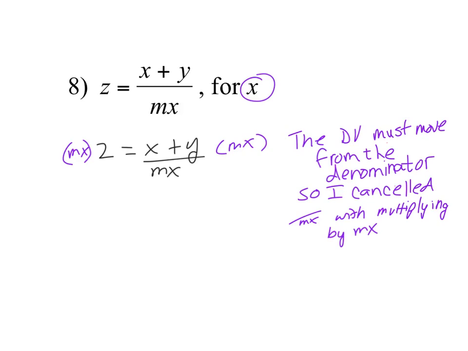So over on the left-hand side, this is all just going to become one big multiplication problem, mxz on the left-hand side, sorry. And then on the right-hand side, that mx, those are going to cancel each other out, which leaves you with the x plus y.